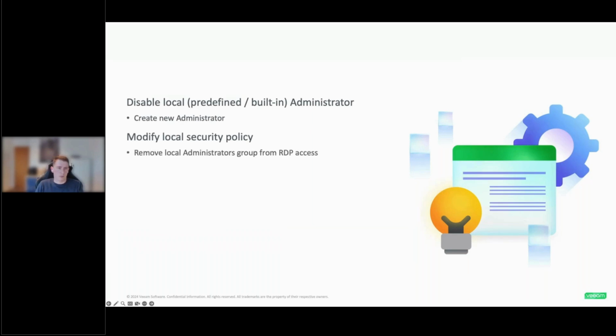So, for example, remove the local administrator group from the RDP access, the remote desktop protocol access. If you're familiar with that, if you open the local security policy, you see a topic called allow remote desktop access, or grant remote desktop access.